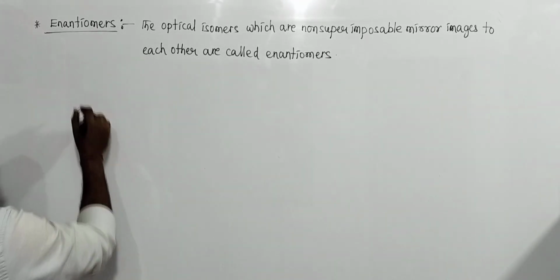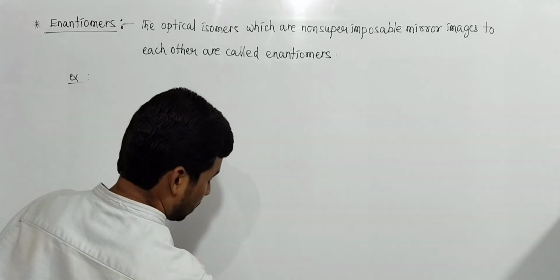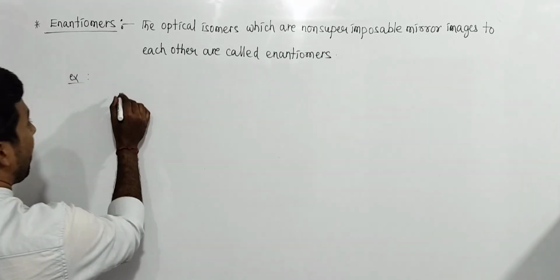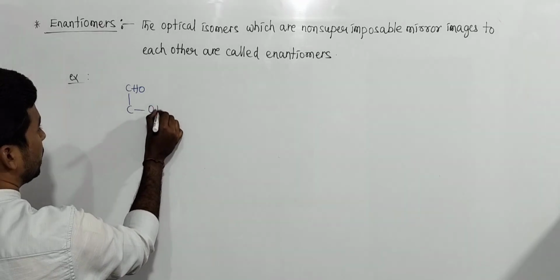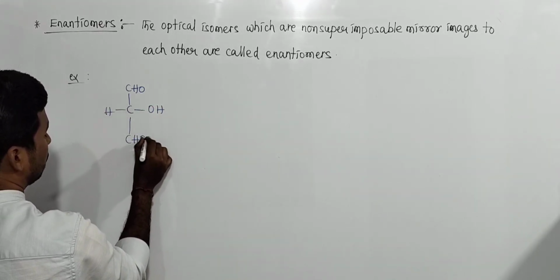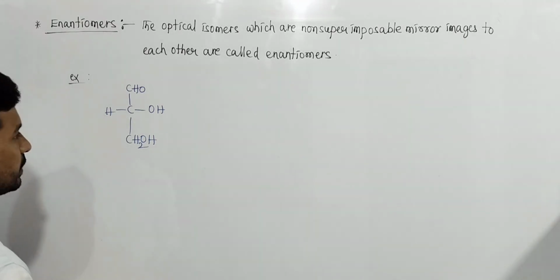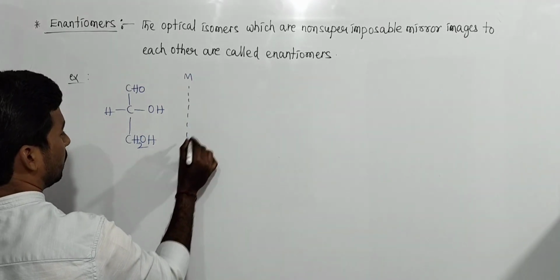Example, glyceraldehyde. I am taking glyceraldehyde. CHO and OH here, H here, and CH2OH. Its mirror image, M is the mirror.